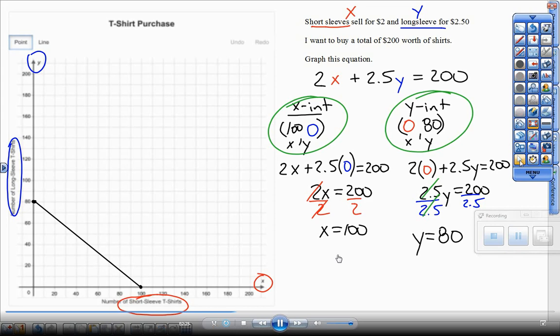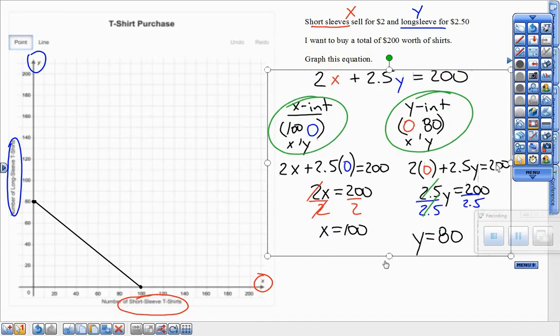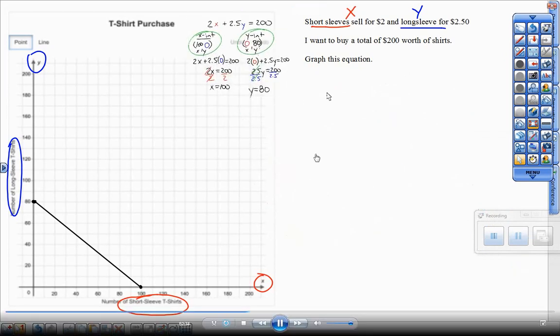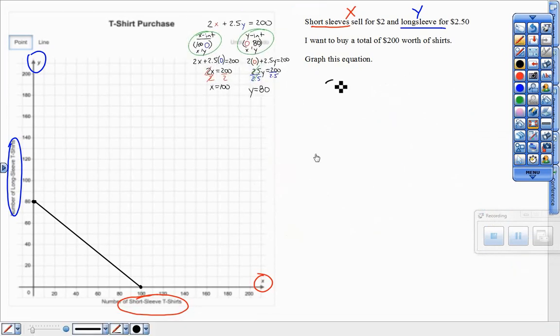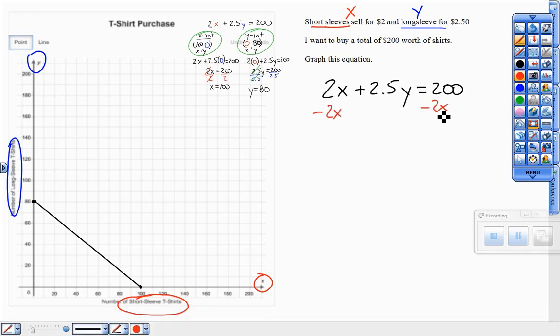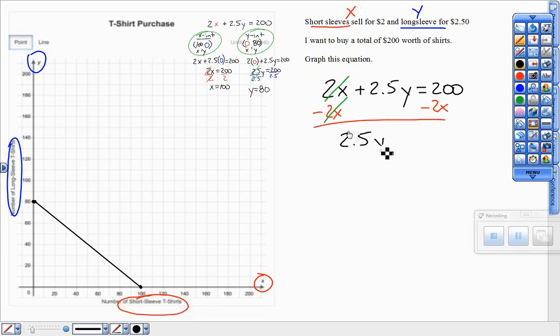The second way I'd like you to do this is by the slope-intercept method. So I'm going to shrink this down a little bit. I'd like you to show this work too, solving this equation for y and graphing it that way. So 2x plus 2.5y equals 200. I'm going to take away 2x on both sides, and minus 2x gives me 2.5y equals negative 2x plus 200.